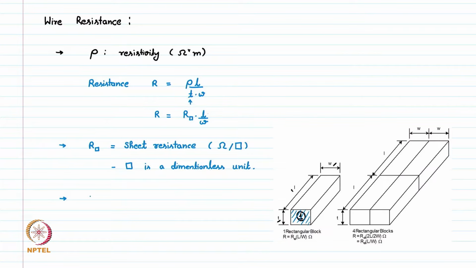If L equals W, we need to just count the number of squares. So R equals R square into the number of squares.